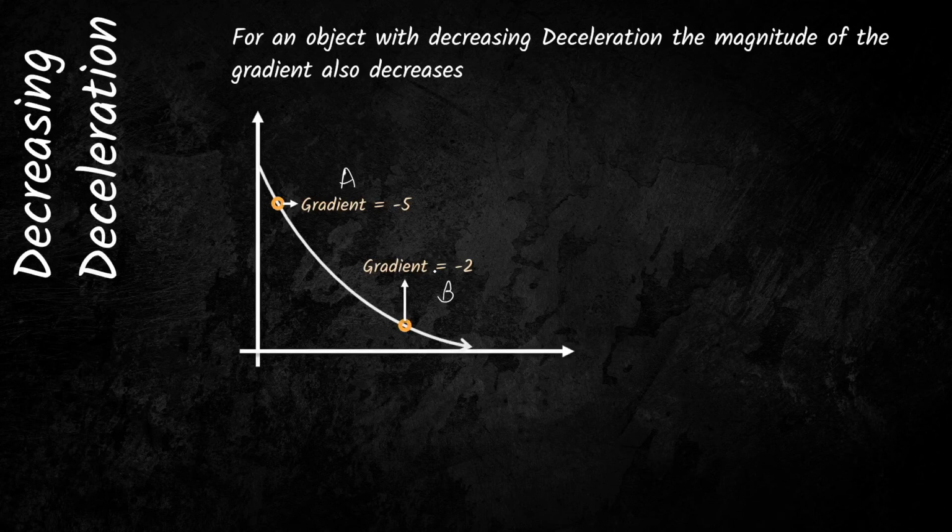Now we can see on the graph that at A, the gradient is minus 5. The magnitude is higher than the gradient at B, which is minus 2. Mathematically, minus 5 is a smaller value than minus 2, but the magnitude for A is higher. The number itself is higher for the gradient at A. Hence, A would be decelerating harder, or braking harder, than B.